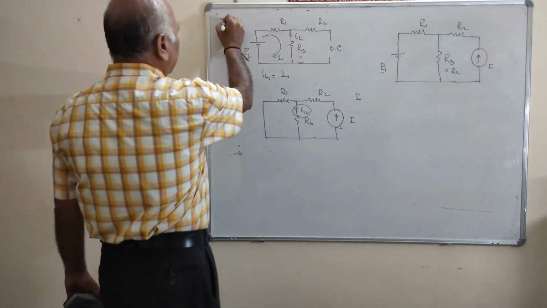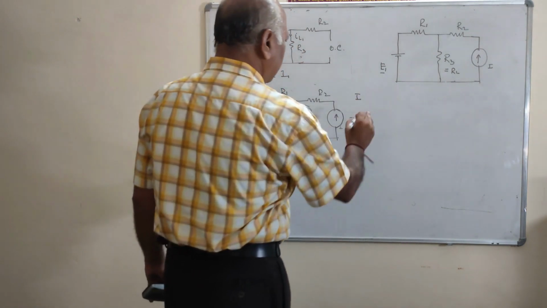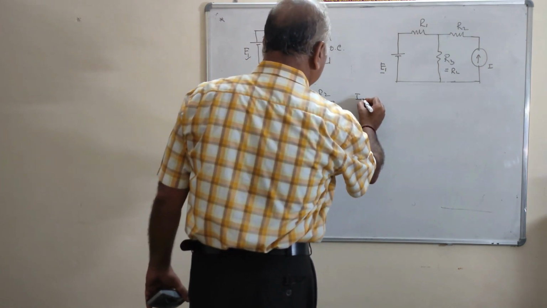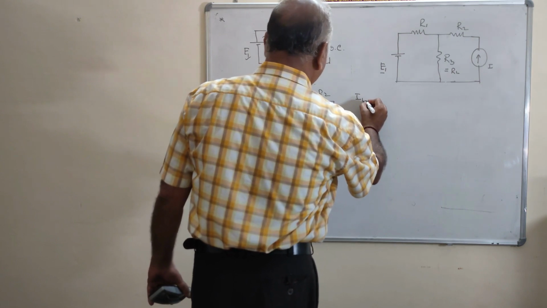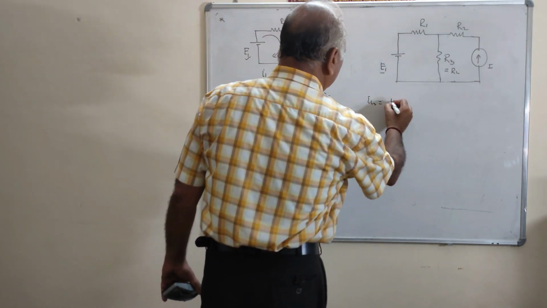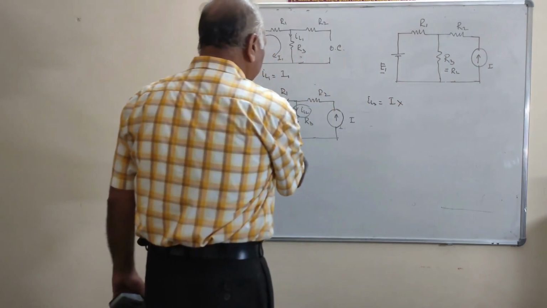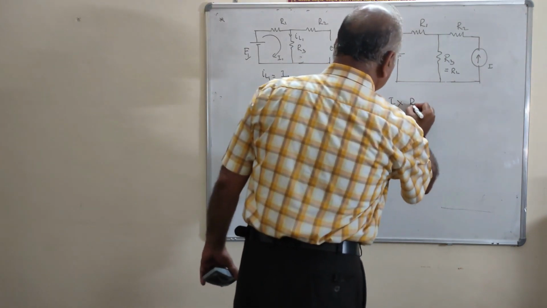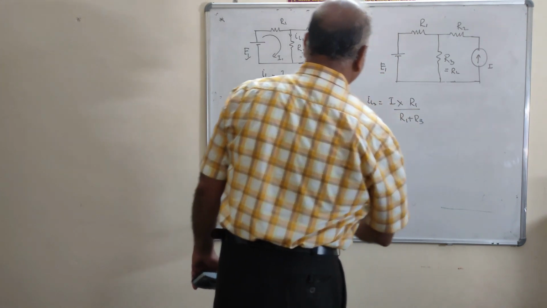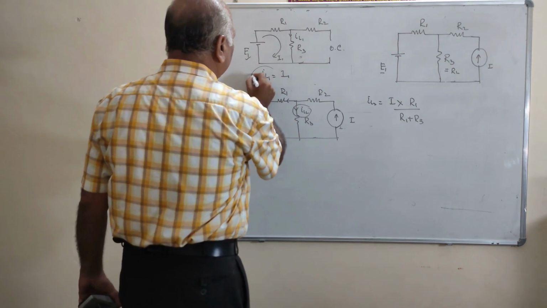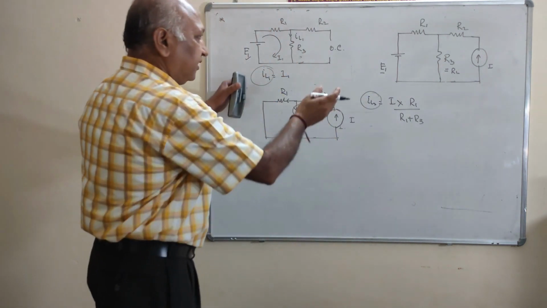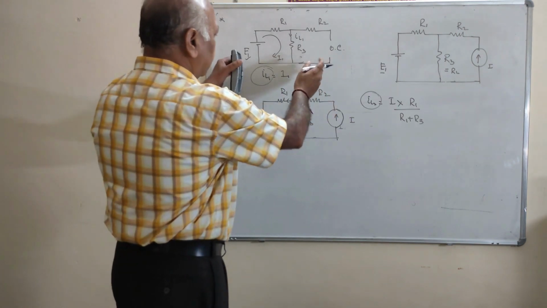Total current is I, and IL2 is equal to the total current into resistance of the other branch, that is R1 upon R1 plus R3. Now the algebraic sum of IL1 and IL2 will give the required current in the load resistance.